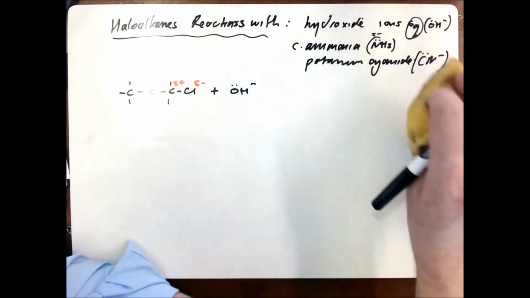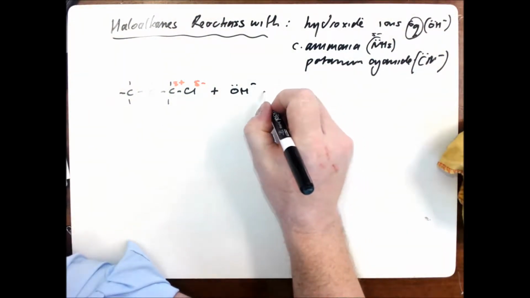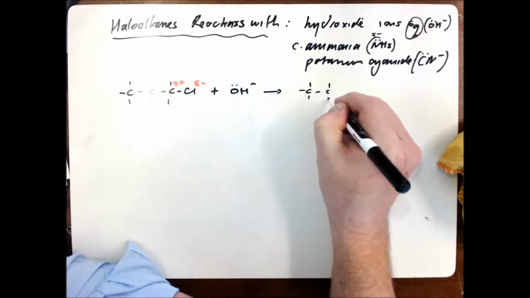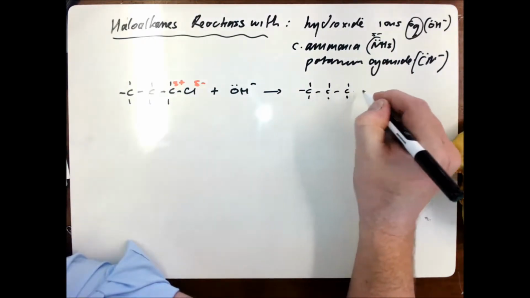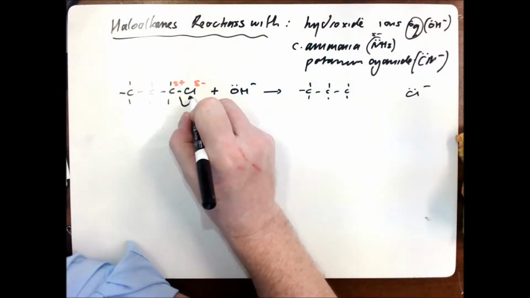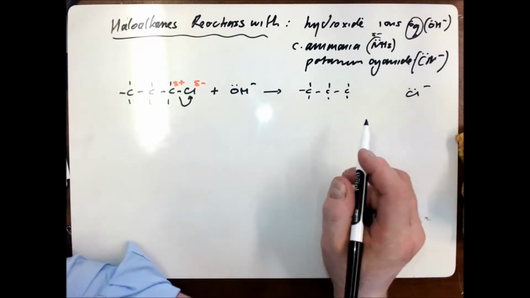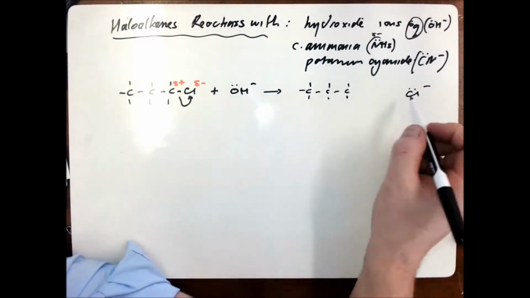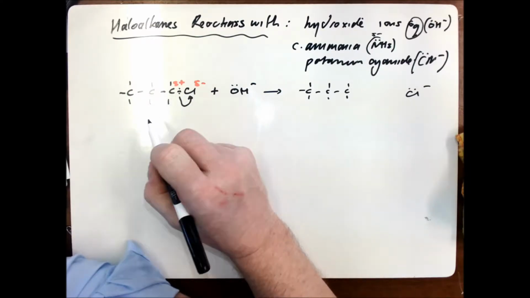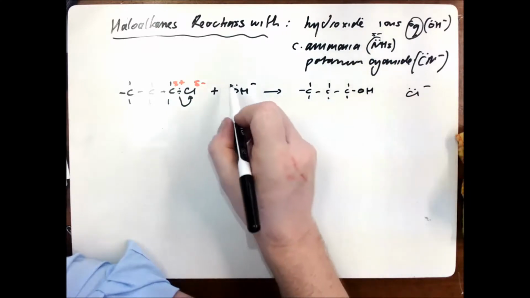Now let's have a look at first of all this one, and very simply, just like any of our functional group chemistry, all we do is we take one out. In this case the Cl minus is gone, this bond has broken heterolytically, meaning that we end up with a positive and a negative ion, so both electrons in this bond have gone to the chlorine, and we get the OH, which forms a new dative bond.